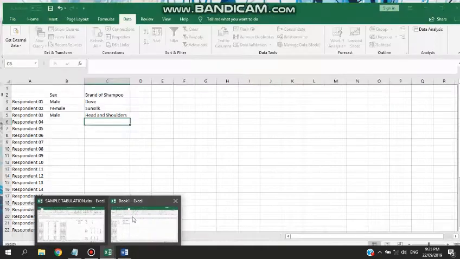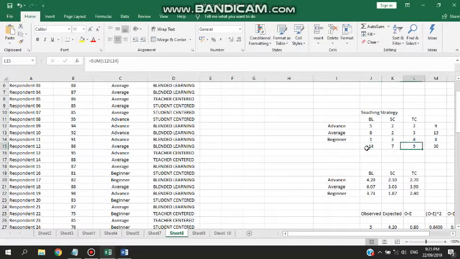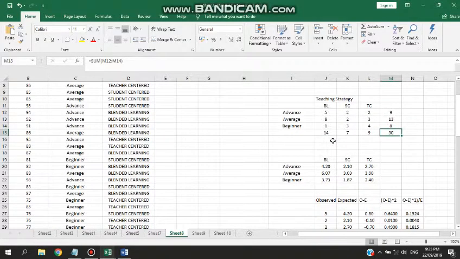So same way we treated with the data, we have the contingency table. For blended learning, ilan yung average, ilan yung advanced, ilan yung beginner. For student-centered, ilan yung advanced, ilan yung average, ilan yung beginner. So, for this one, dapat 30 sila lahat. It should total with the 30, which is the number of your sample size.